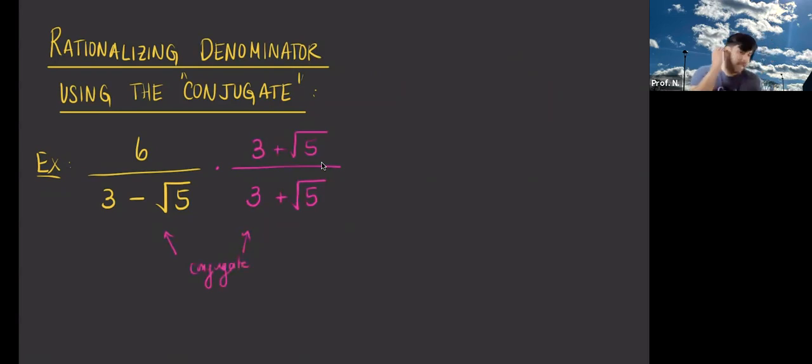A conjugate is the same two numbers or terms, just opposite sign. So same terms with opposite sign in between. That's it. That's the conjugate.